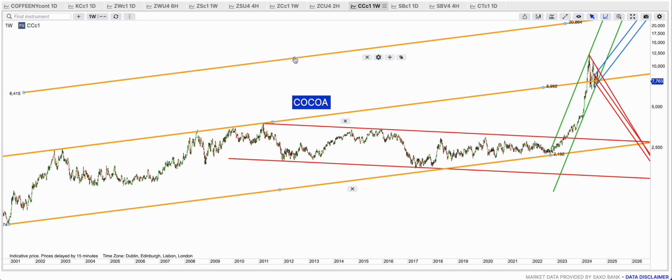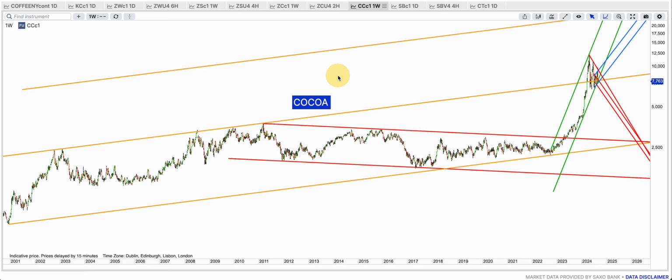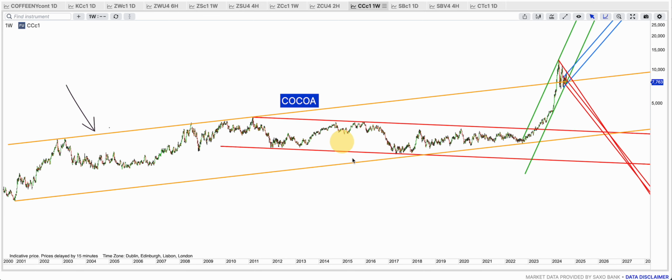So I'm going to put it something like this. This golden massive uptrend that was broken to the upside, we are still outside of it. This is a big back test.